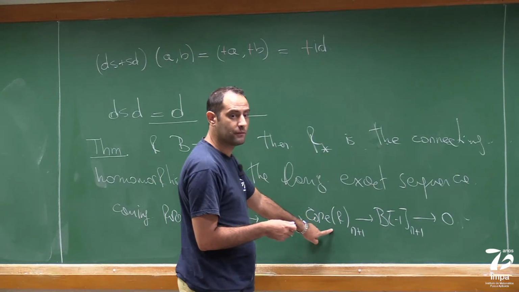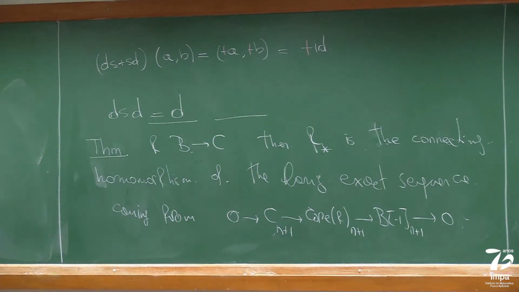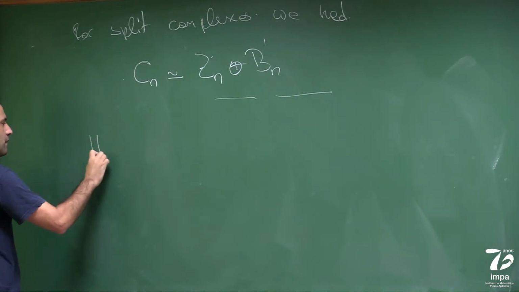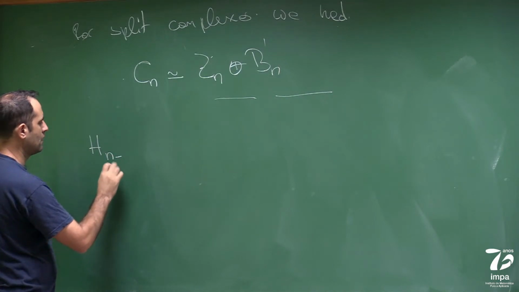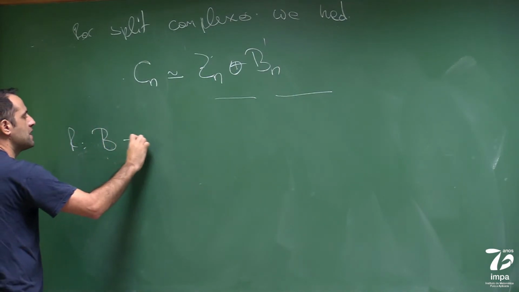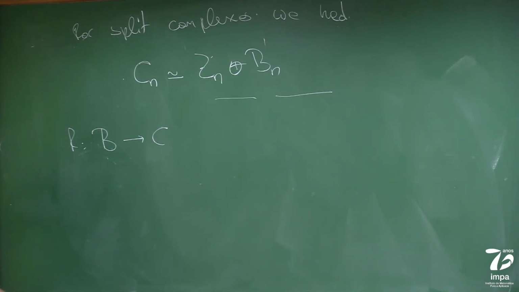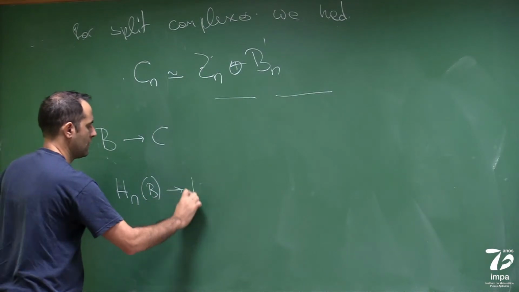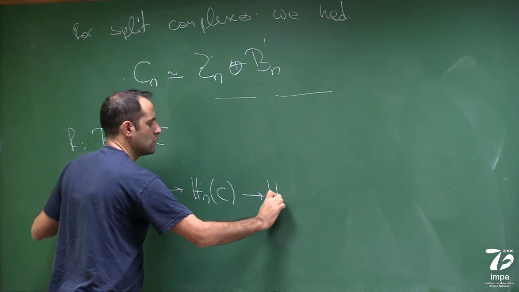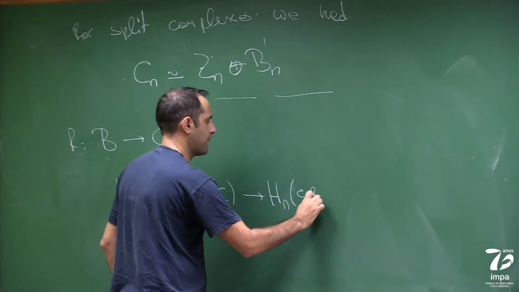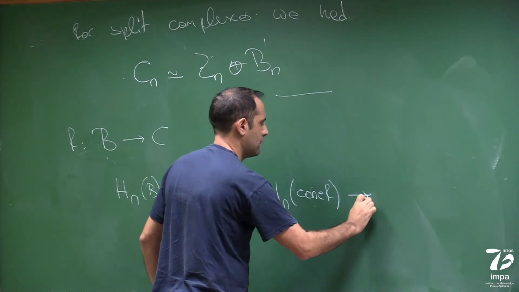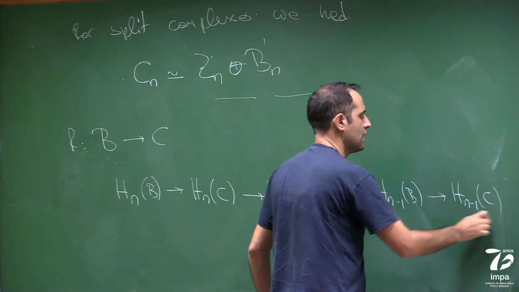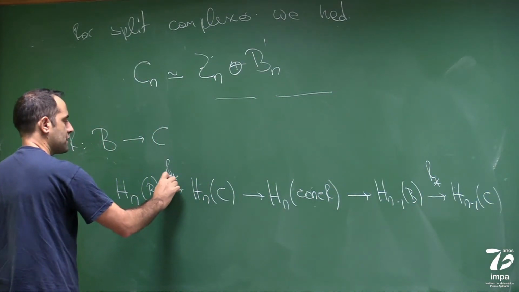So if I had a map F of complexes from B to C, what we've gained by looking at the cone of F is a sequence with maps from Hn of B to Hn of C to Hn of the cone of F, and Hn minus 1 of B to Hn minus 1 of C. These are the F stars.